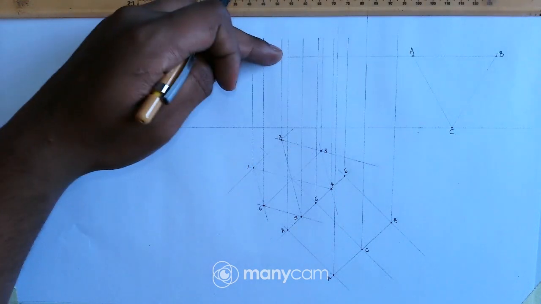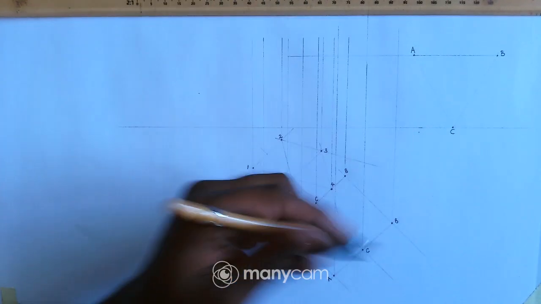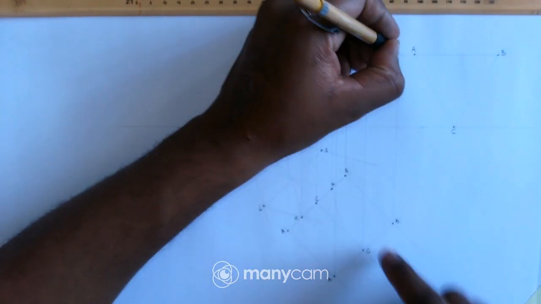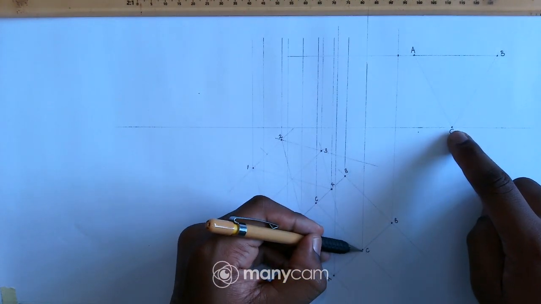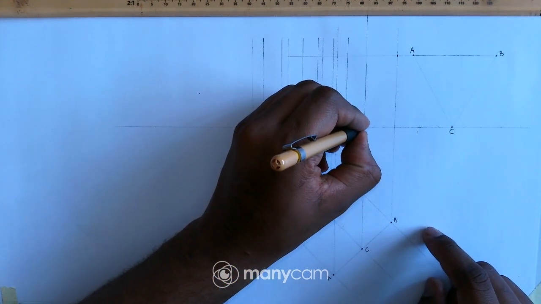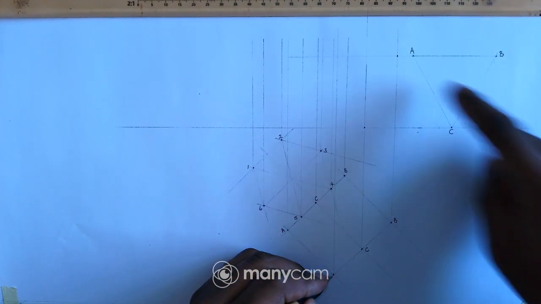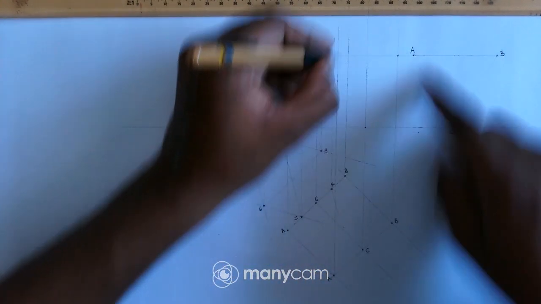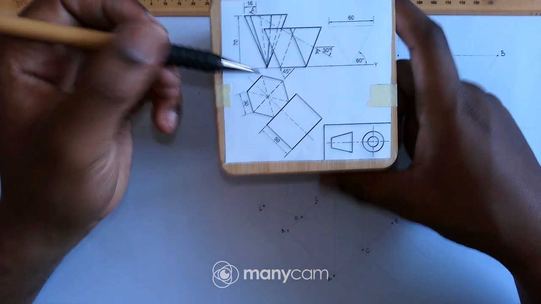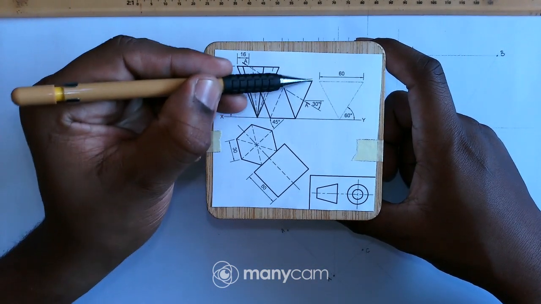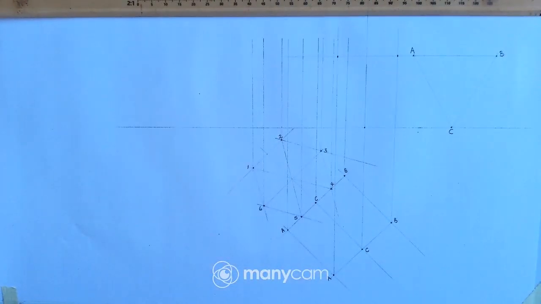Okay, so now I have the height of the prism, so I'll just plot the points. B with B, they connect there, so this is my first point. C, they connect there, and A will be there. So that means I have this shape, the surface now, so I can just connect the points there.